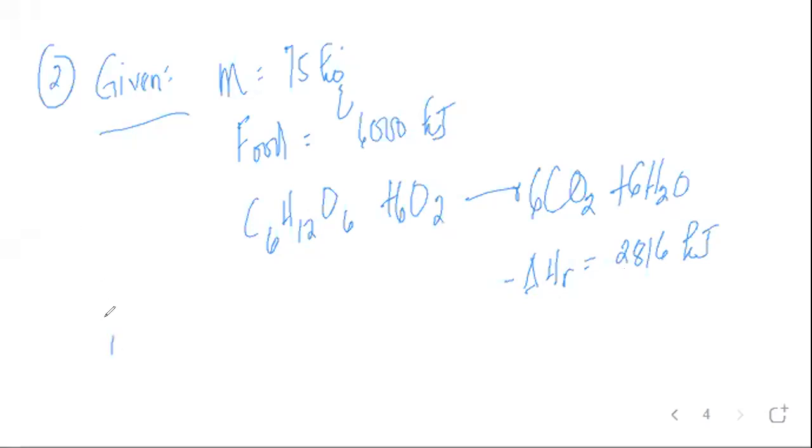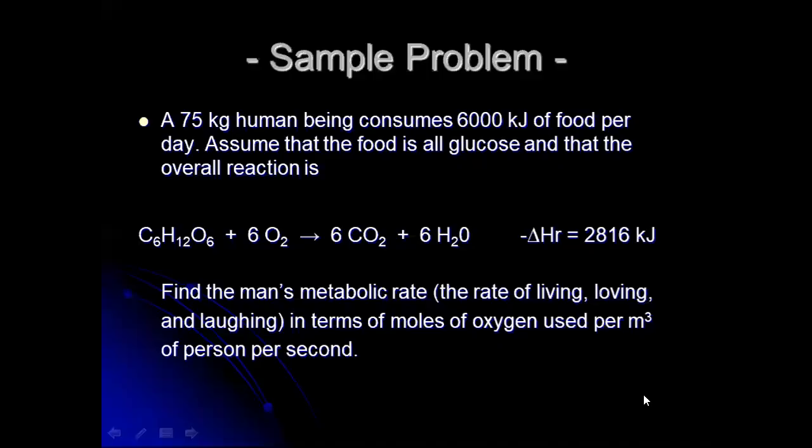You are required to determine the man's metabolic rate, and it's expressed in terms of O2 consumption. Let me go back to the problem so you get to see that the person's metabolic rate is to be expressed in terms of moles of oxygen per cubic meter of person per second.